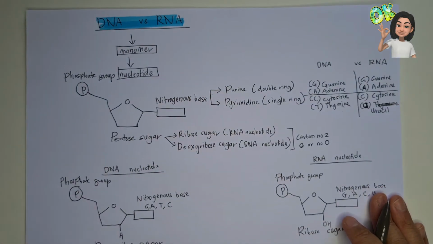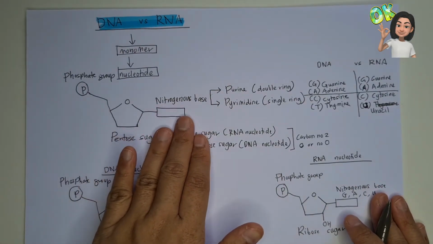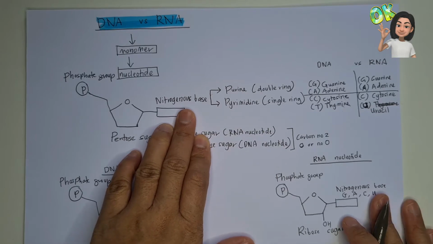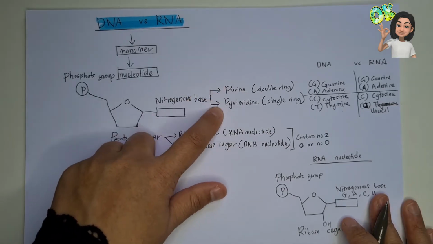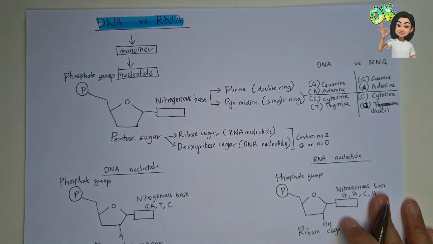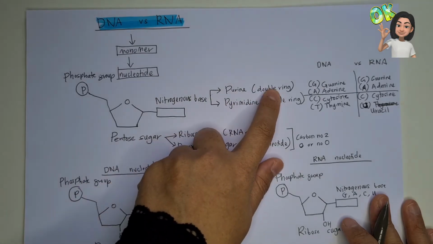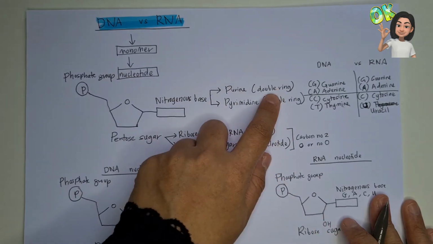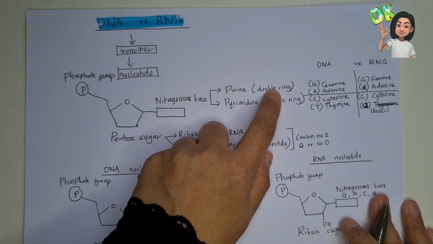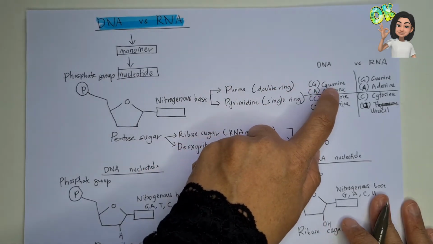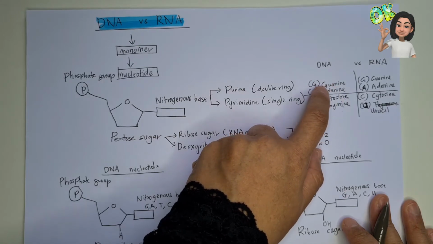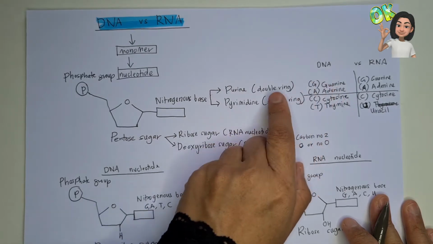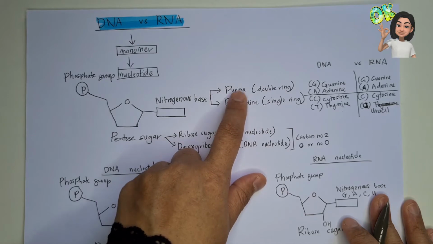Now I'm going to stick to the nitrogenous base first. Nitrogenous base ada 2 types, purine and pyrimidine. Purine is a double ring. You can refer to your notes to see how purine looks. Examples of purine are guanine and adenine. Both have a double ring, so that's why they are known as purine.